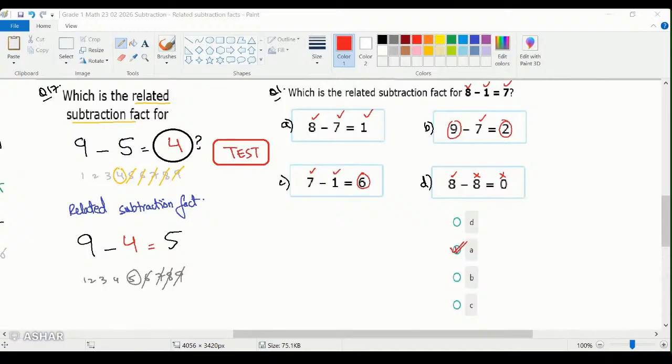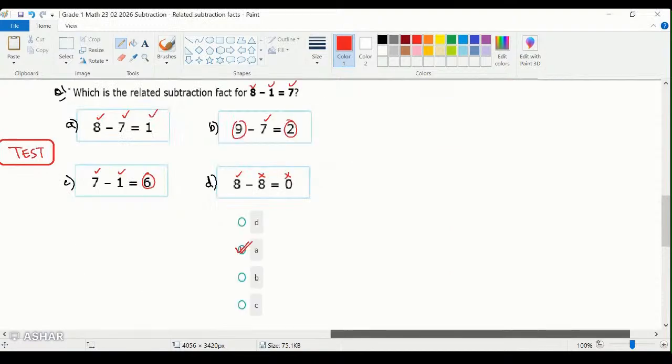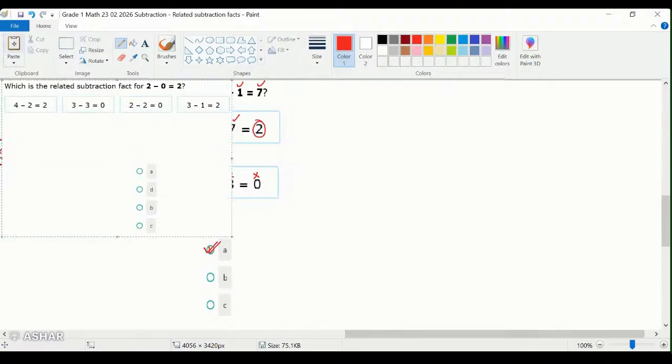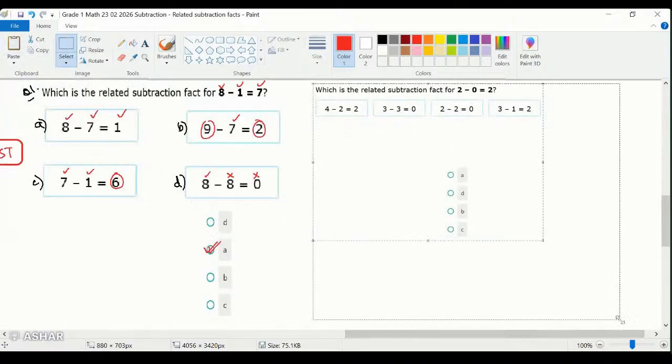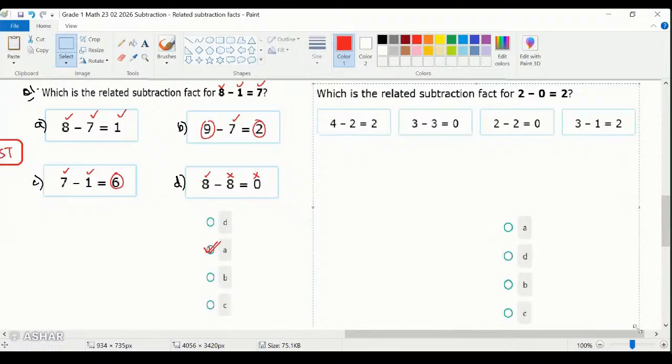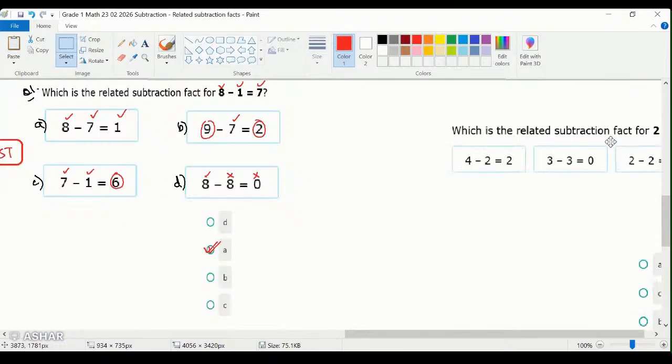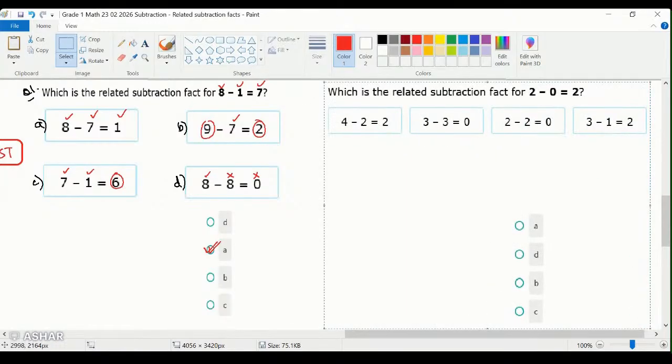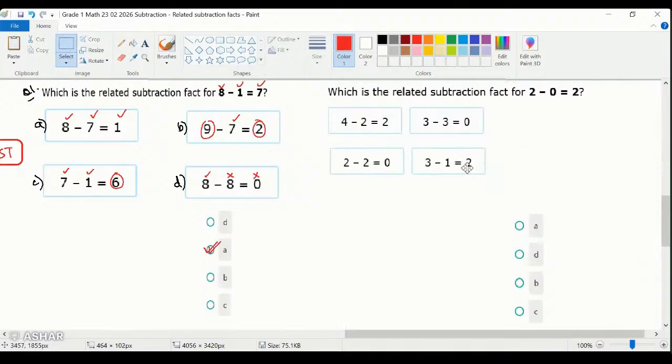For the next question, it says, which is a related subtraction fact for question number 2. If these are the options given to us, which of these options would be the related subtraction facts?